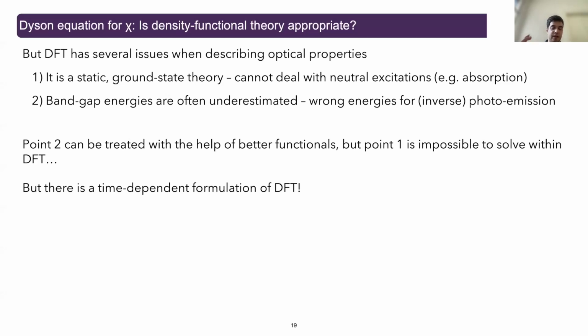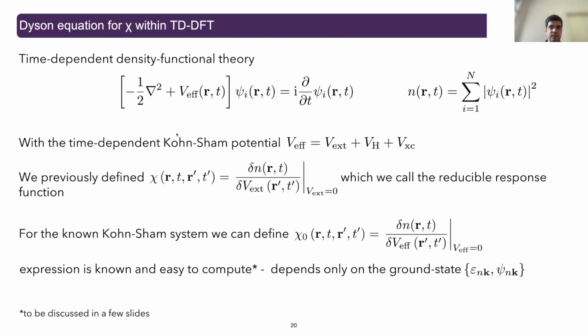And so all the energy differences that you compute would be wrong. While this last point you can address somewhat by using different and better functionals, the first point is impossible to overcome. However, much like there is a time-independent and a time-dependent Schrödinger equation, there is a time-dependent extension of DFT, which is known as time-dependent density functional theory.